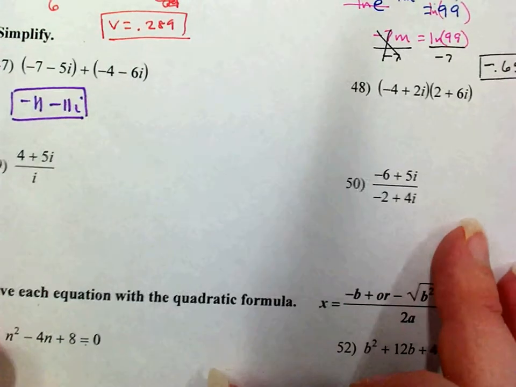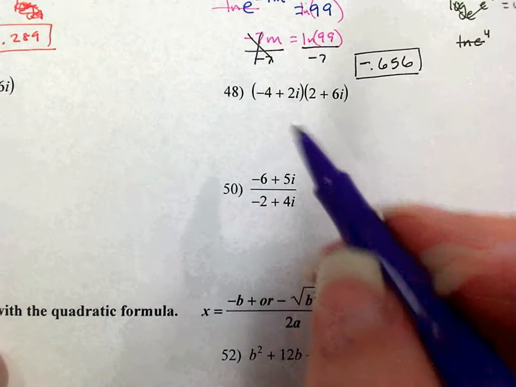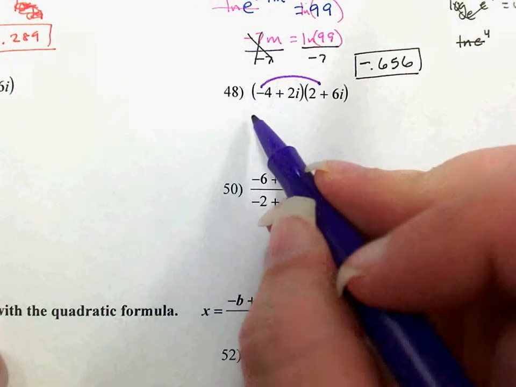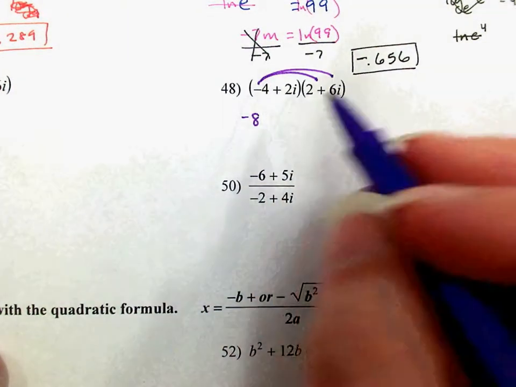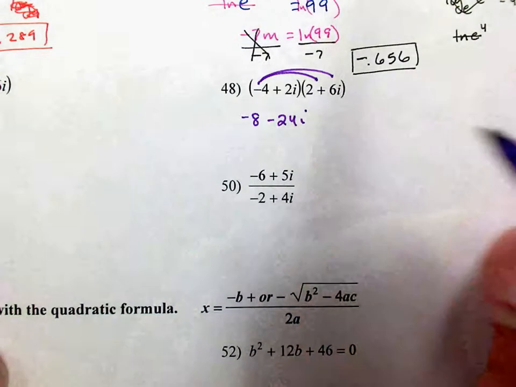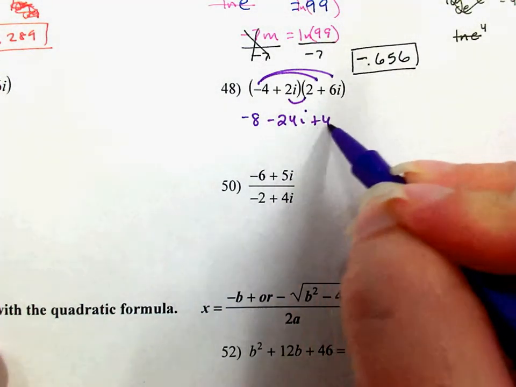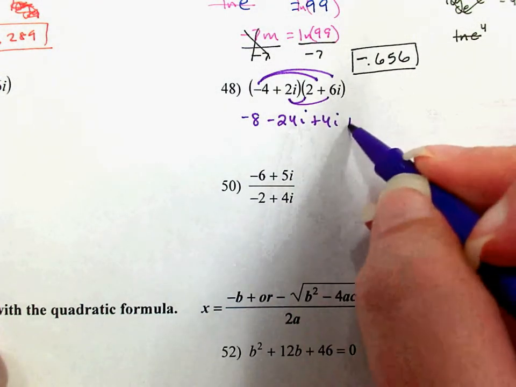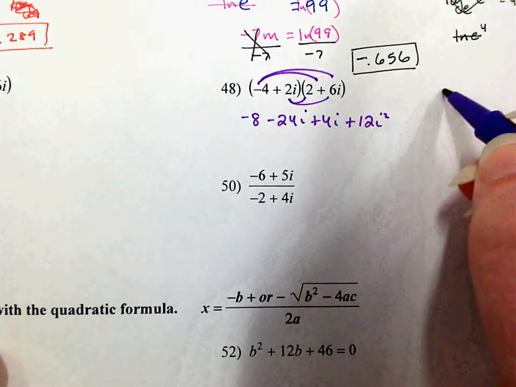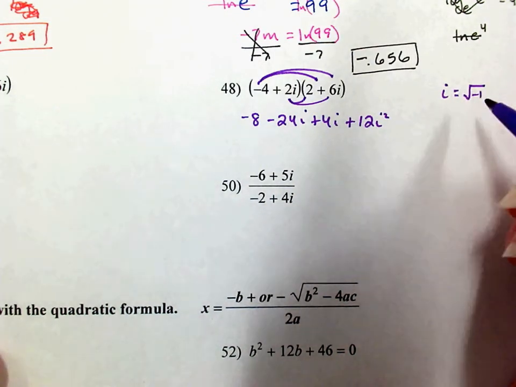Okay, now we're multiplying. Negative 4 times 2 is a negative 8. Negative 4 times 6i is a negative 24i. 2i times 2 is 4i. 2i times 6i is 12i squared. But remember, if i is the square root of negative 1, then i squared is just negative 1, because you square the square root and it goes away.